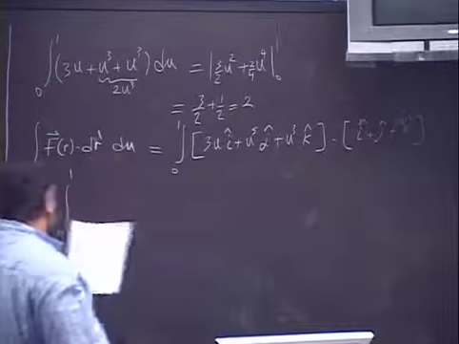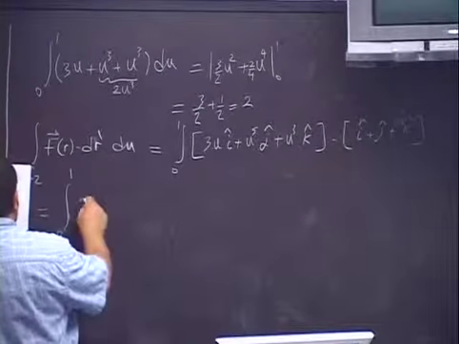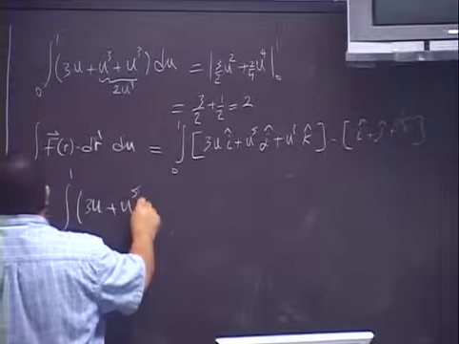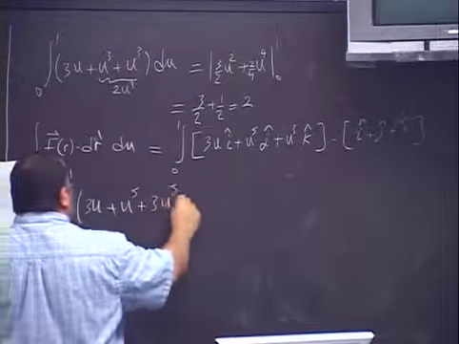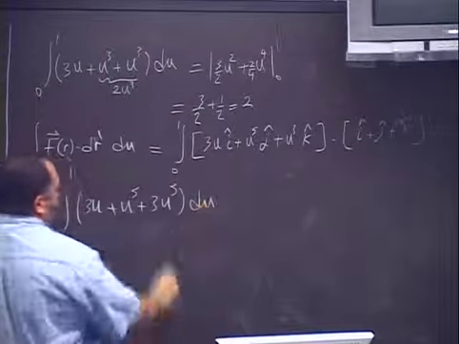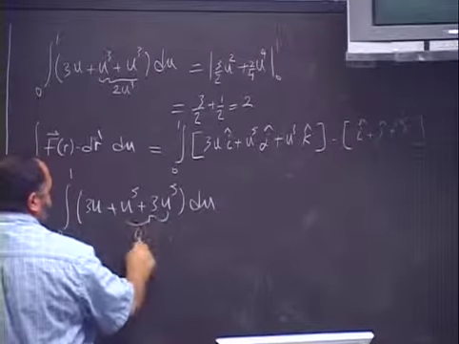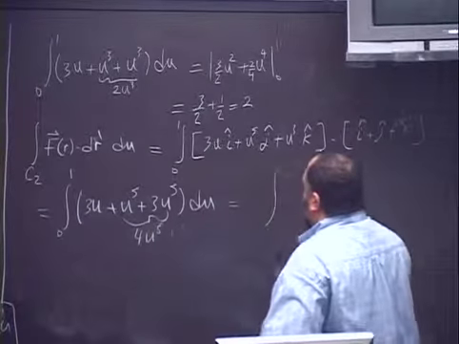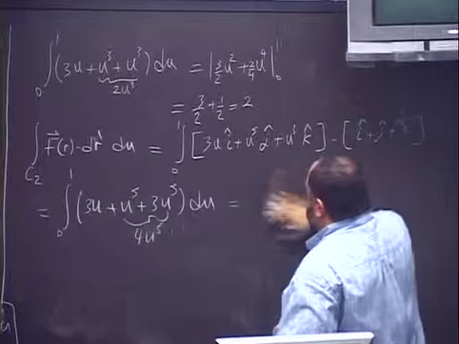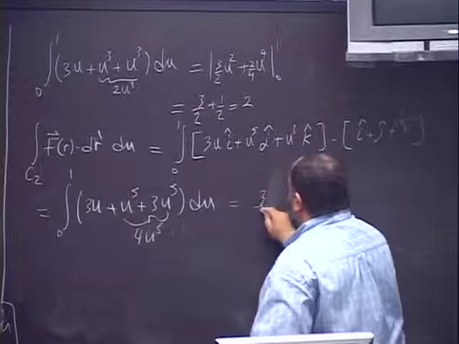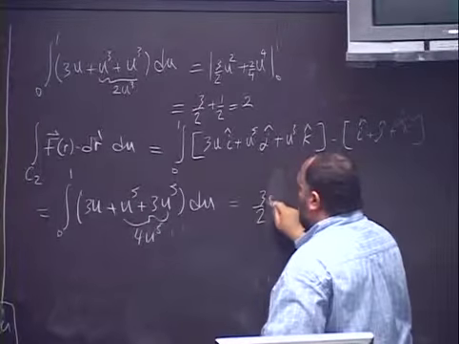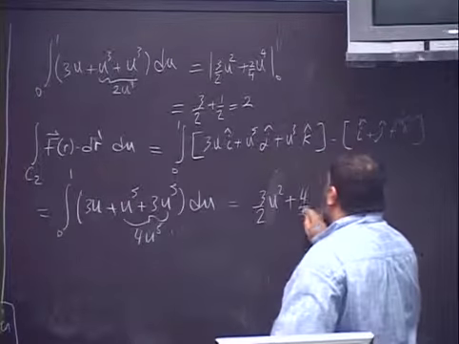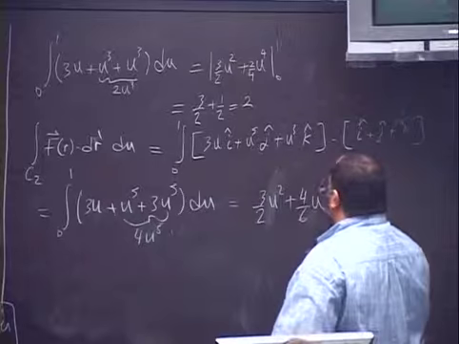You are right. So what will be the multiplication now? So it will be 3u plus u to the power of 5 plus 3u to the power of 5 du. This is what? 4. So what will be the integration then? 3/2 u square plus, this will be what? 4/6 what?